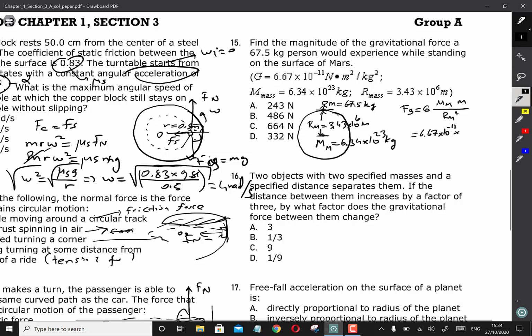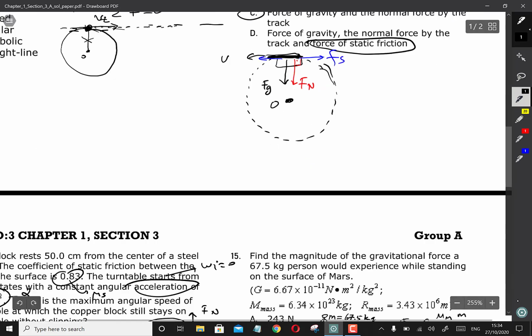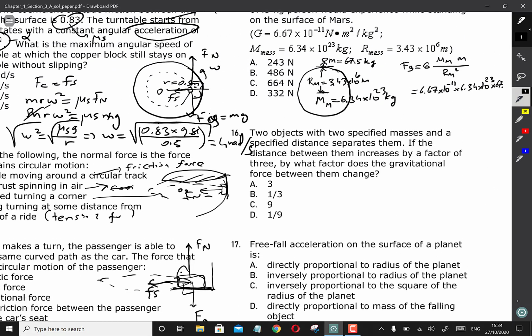How much is the mass of Mars? 6.34 times 10 to the power 23. Mass of man, how much? 67.5, divided by the square of the radius of Mars. What is the radius of Mars? 3.43 times 10 to the power of 6. Yes, it's the radius, but squared.